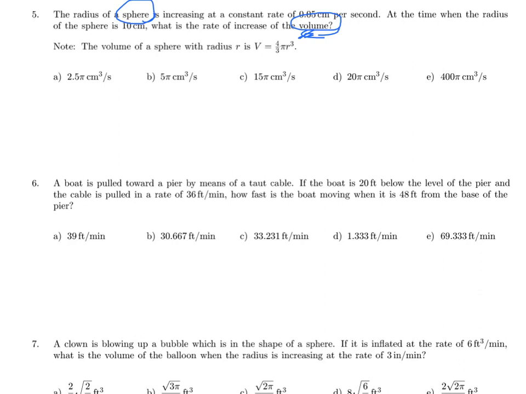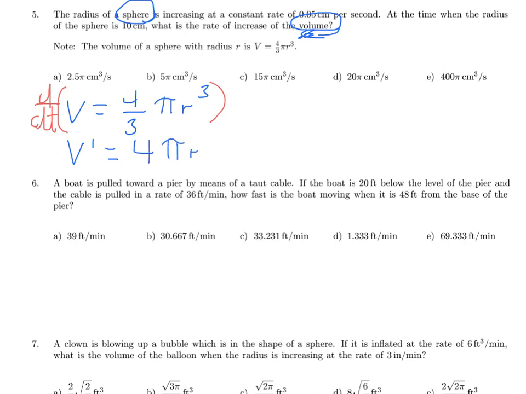So if the volume is 4/3 pi r cubed, and we want to see this as it changes over time, we take the derivative with respect to time. The derivative of v with respect to t is v prime. And the derivative of everything on the right there is 4 pi r squared times r prime.